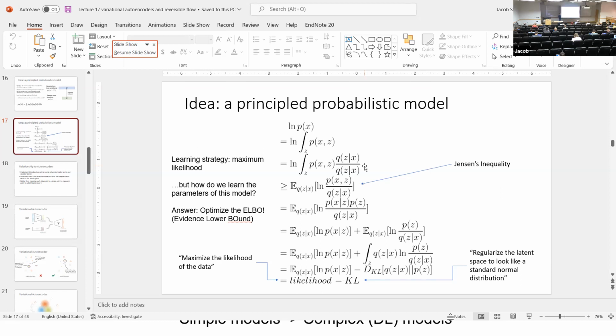In effect, because we're maximizing the lower bound, the hope is that that will also maximize the thing itself, which is the probability of x. So in short, we are trying to maximize a lower bound on the log likelihood. It's very similar to maximum likelihood, except it's not exactly maximizing the log likelihood. That's the evidence lower bound.